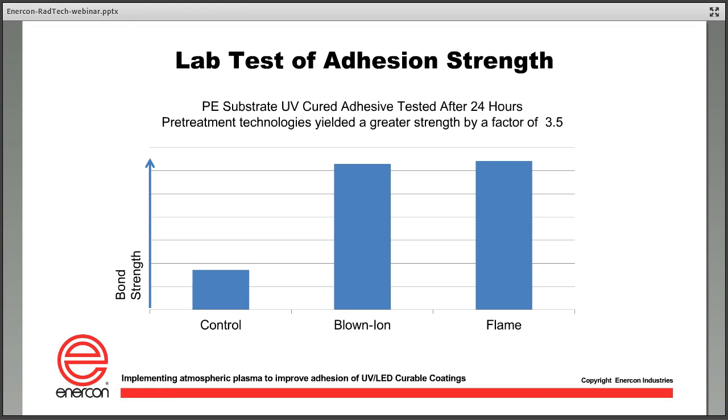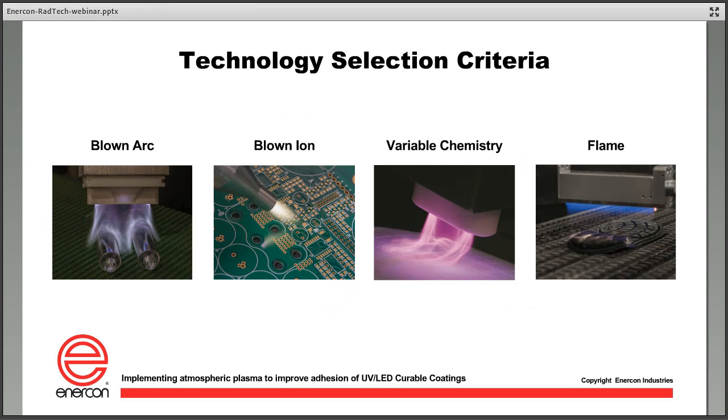This is going to vary a little bit substrate to substrate, but just to give you a quick snapshot, it has a nice synergy with using UV curable inks, coatings, and adhesives. I'll go over a little bit more on the actual technology and how we help customers decide what's going to be the best fit.